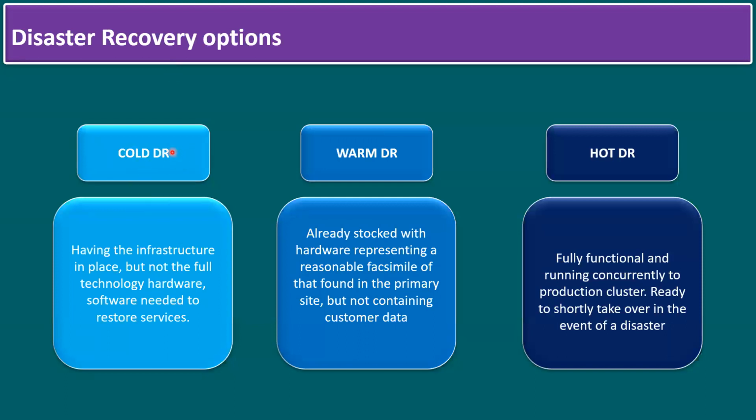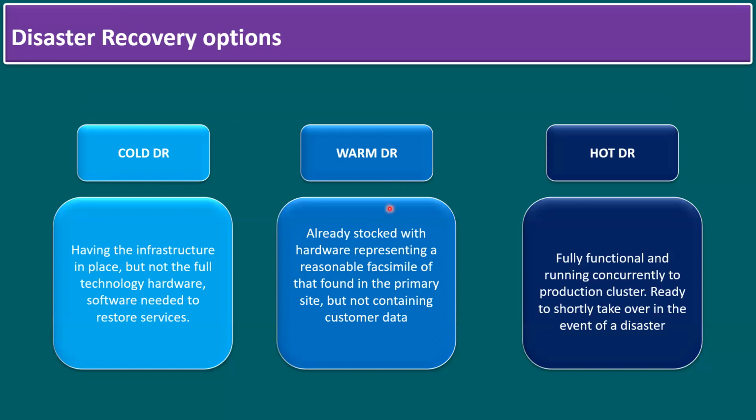We can use any backup software, for example Veeam, Veritas NetBackup, Commvault. These are all backup tools. When you already have a backup tool, you have taken the backup of your daily operations. We do not need full hardware and software technology to restore services. You can use the tool to start restoring. That is called cold DR.